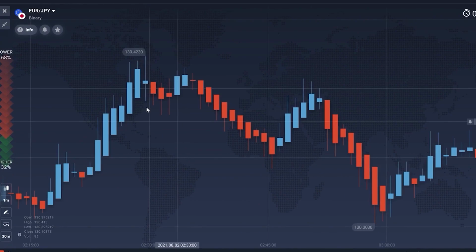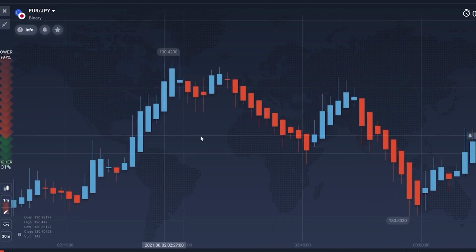But let's move on to the 5 important rules you need to know, the 5 key features and factors of heikin-ashi candles that you must be aware of. Rule number 1. An upward trend consists of a series of consecutive green candles, and a downward trend consists of a series of consecutive red candles.